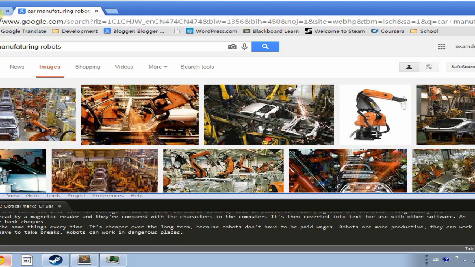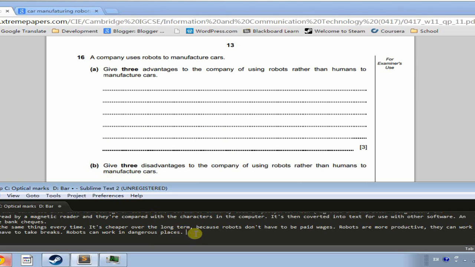So robots can work in these places, whereas humans can't. So you can use the space more efficiently, I guess, but you also don't have to worry as much about people being injured and then your company being sued and things like that.